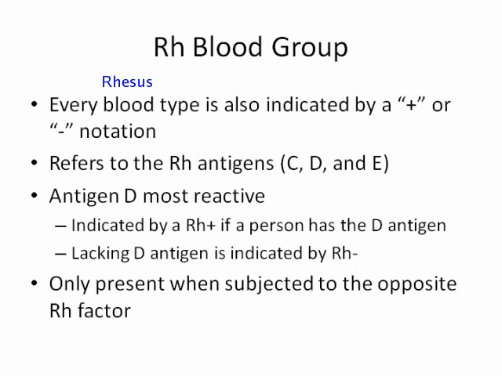O negative is the universal donor because it is lacking it. Where it would come into play is if a RH negative person came in contact with an RH positive person. That would be the issue. So if I was O negative, I could not receive O positive blood because of that RH factor being positive.